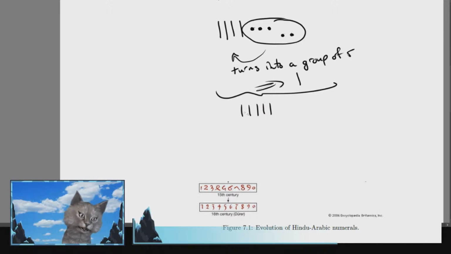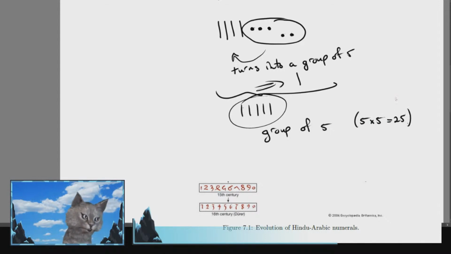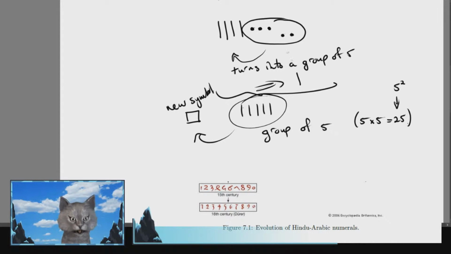I just call them fingers, 5 little lines. And that would make a group of 5 groups of 5. Really 5 fives. So this in total would be 5 times 5, meaning 25, or 5 squared. And that would become a new symbol, which let's make a square, or a little hand.